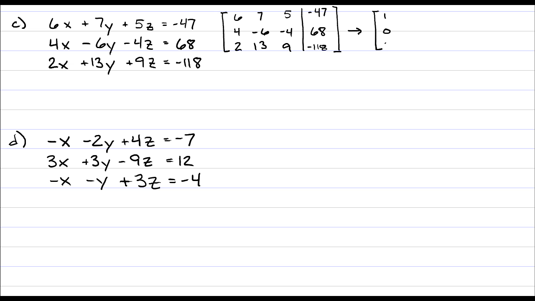1, 0, 0 is the first column, 0, 1, 0 is the second column, and then I get these decimal entries: 0.03125, 0.6875, and then the last column is 0, 0, 1.